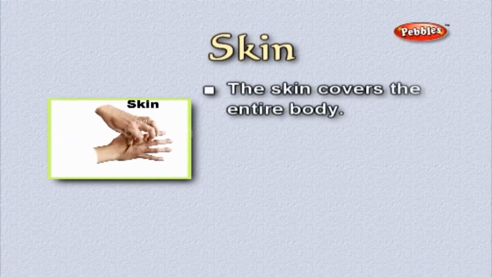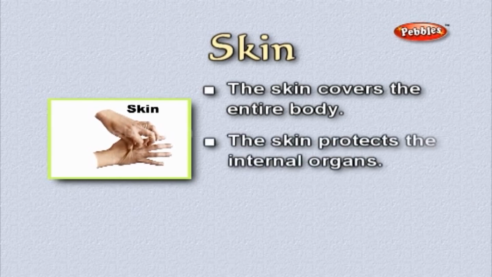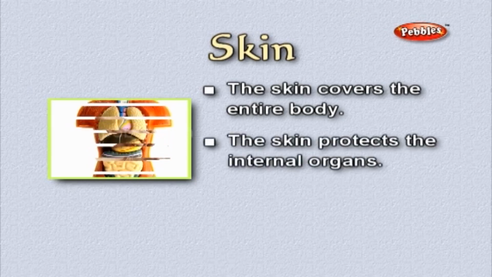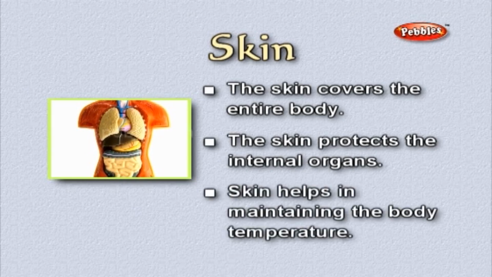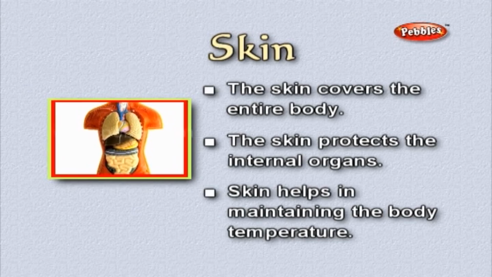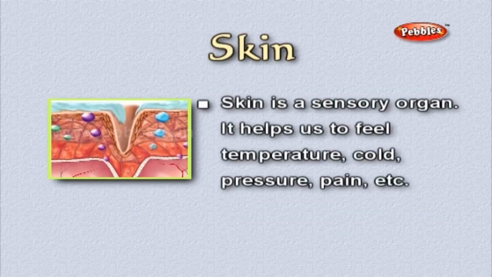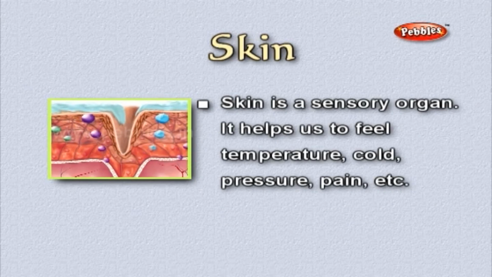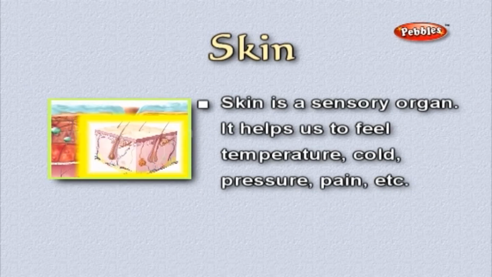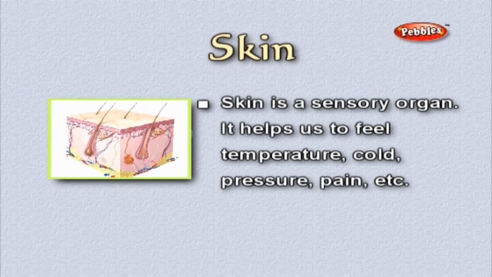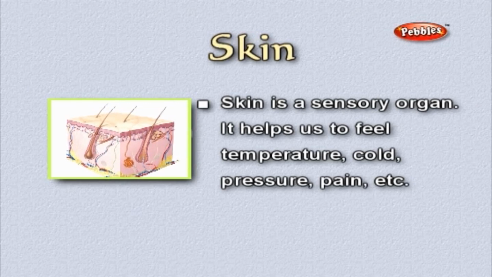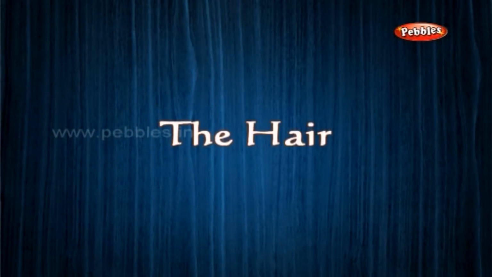Skin. The skin covers the entire body. The skin protects the internal organs. Skin helps in maintaining the body temperature. Skin is a sensory organ. It helps us to feel temperature, cold, pressure, pain, etc. The hair.